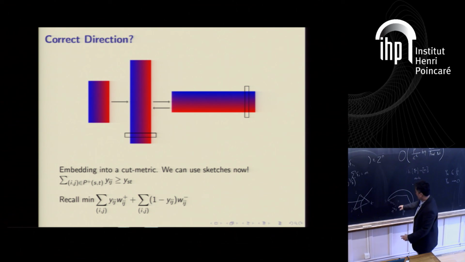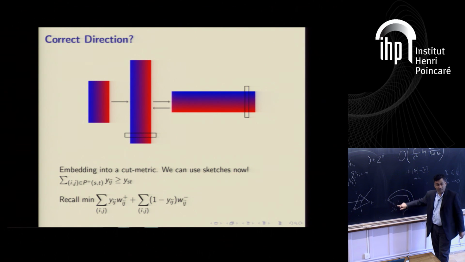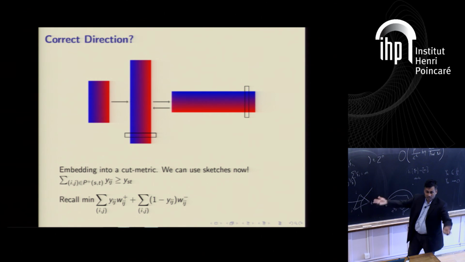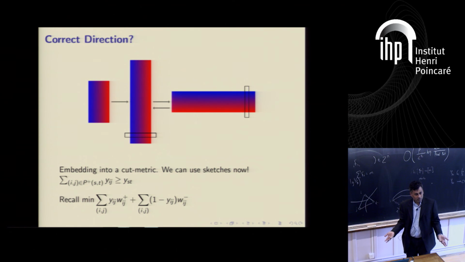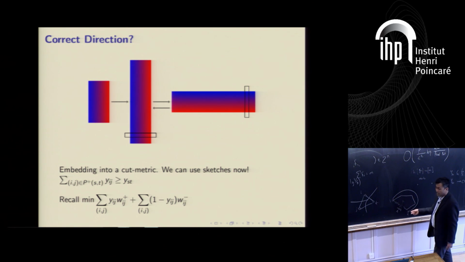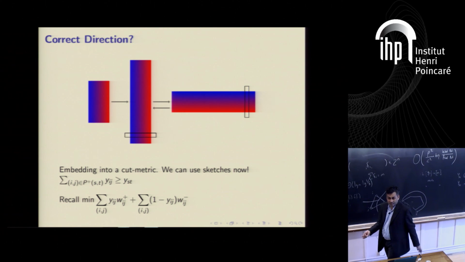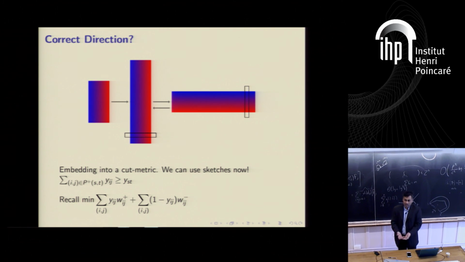This problem, where I give you an embedding in which terminal pairs or pairs of vertices are far apart, and my notion of far is 1/3, is known as the classic multi-commodity flow problem. So once you get a solution like this, apply your multi-commodity flow approximation algorithm, and you're done.